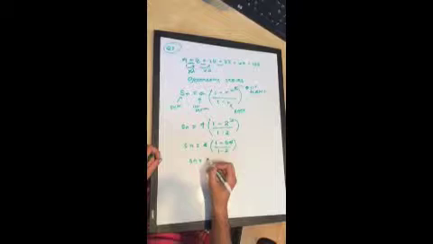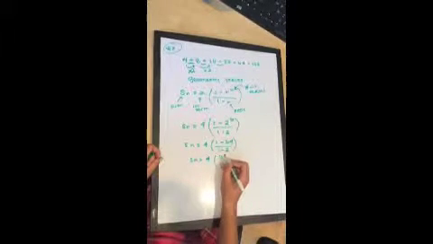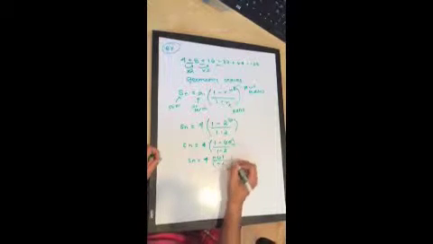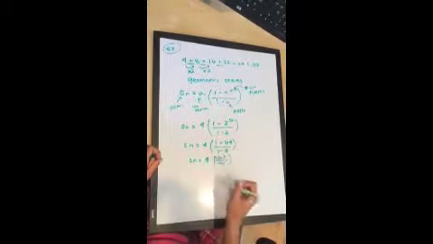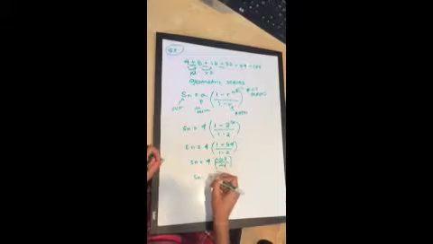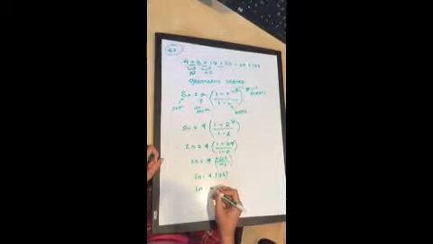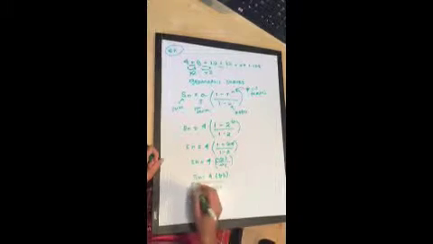Sn equals 4 times negative 63 over negative 1, and you can just cancel out the negatives, so Sn would be 4 times 63, which equals 252.